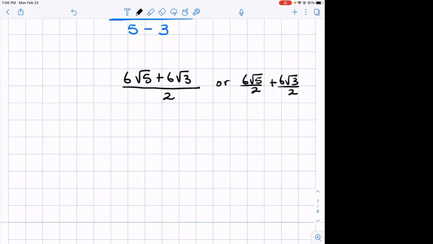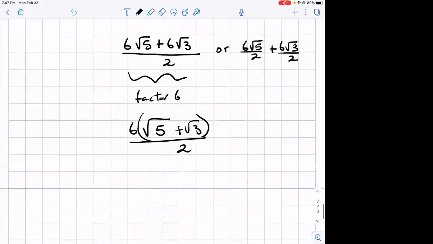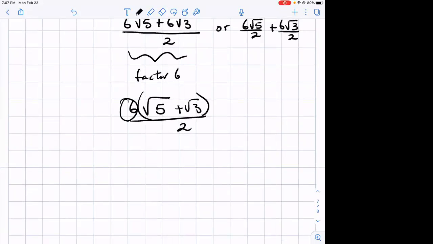Or if you want, you can say from this, stay here, factor 6. So if we factor 6, that becomes 6 times root 5 plus root 3 over 2. And then notice that the 6 and the 2 can be simplified, so that becomes 3 times root 5 plus root 3.